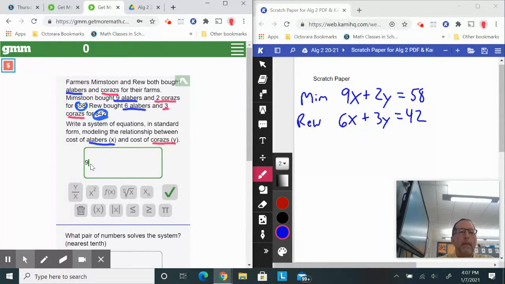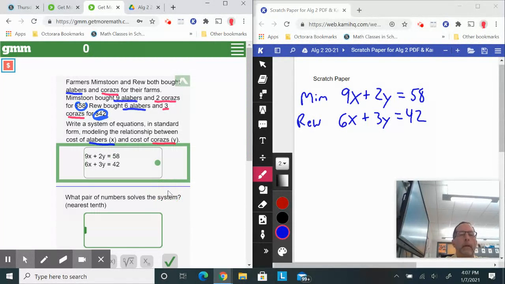So I'm going to type in 9X plus 2Y equals 58, and 6X plus 3Y equals 42. I'll look over to the right side of my work, hit the green check, and it's correct.